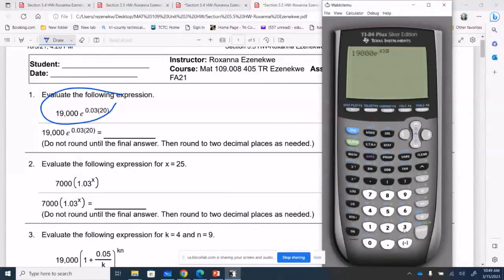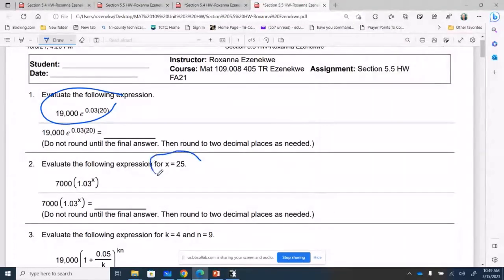Then the number of times is 20, so I'm going to put 20 there. I'm just trying to show you that you can get this. It's not difficult. Then you hit enter, and you get the answer. So you can evaluate this one also.